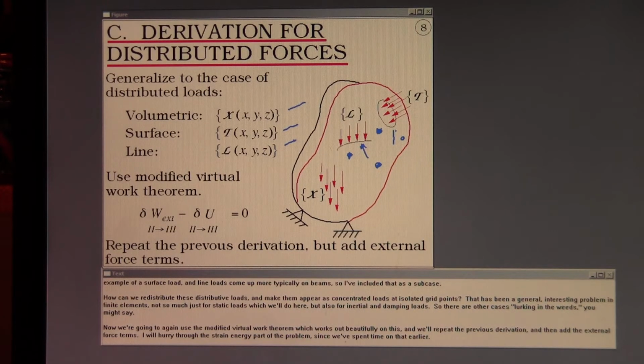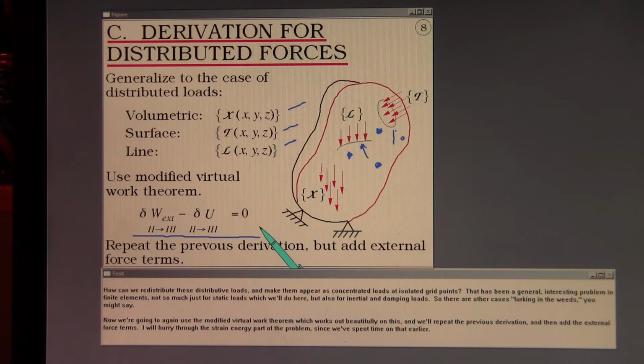So there are other cases lurking in the weeds, you might say. Now, we're going to again use the modified virtual work theorem, which works out beautifully on this. And we'll repeat the previous derivation and then add the external force terms. I will hurry through the strain energy part of the problem since we've spent time on that earlier.